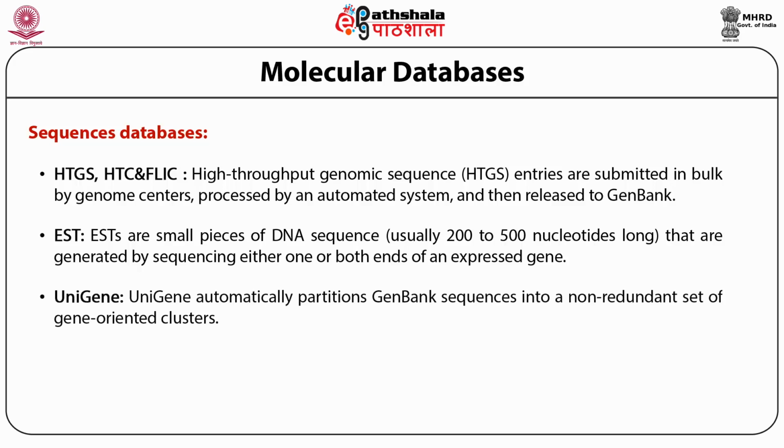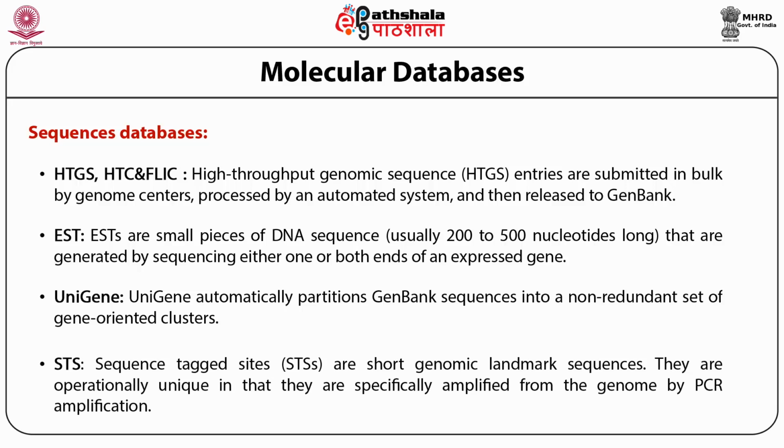Similarly, UniGene automatically partitions GenBank sequences into non-redundant sets of gene-oriented clusters. Similarly, sequence tagged sites, STS, are short genomic landmark sequences. They are operationally unique and are specifically amplified from the genome by PCR. So these are some basic sequence databases associated with the NCBI.